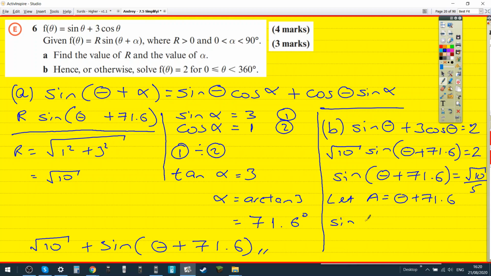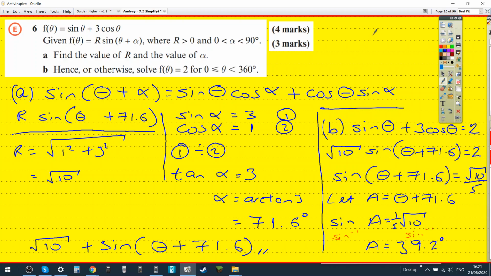Mm-hmm. And so A is equal to 39.2. Okay.